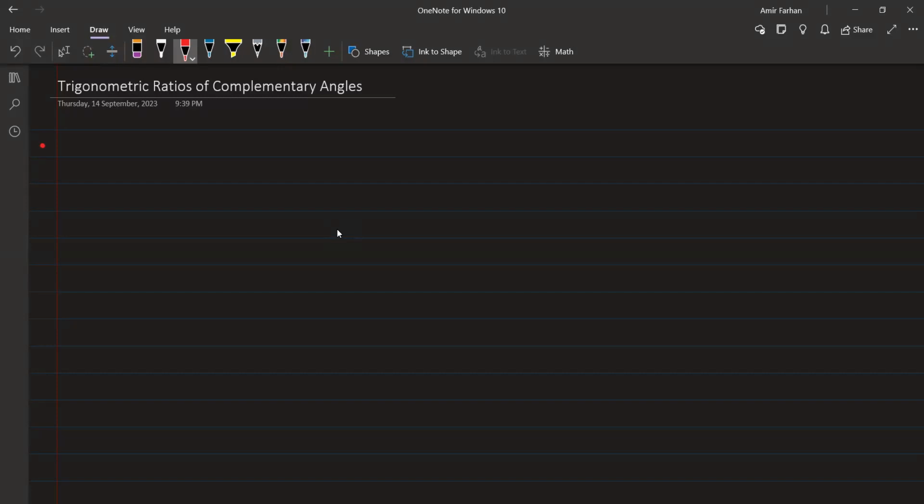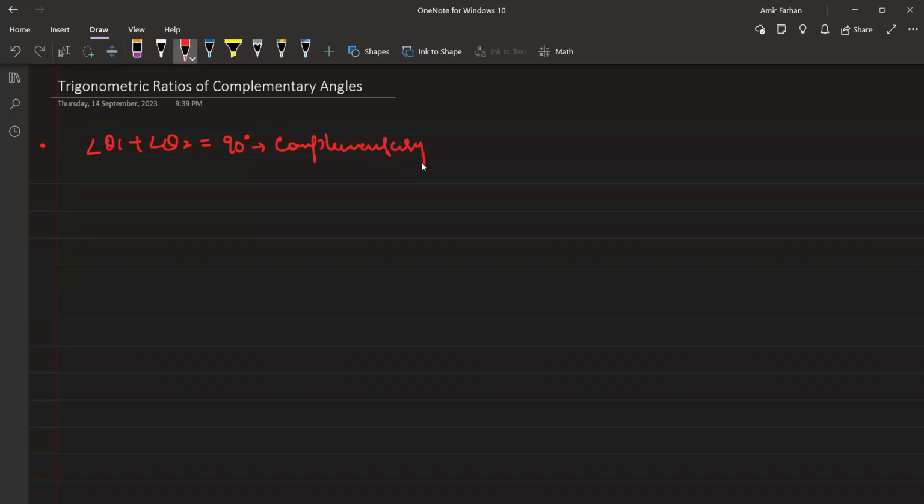Okay, which means that suppose the sum of two angles is 90 degrees. Suppose theta 1 and theta 2 are two angles which, if we add them, it would be 90. These are called complementary.